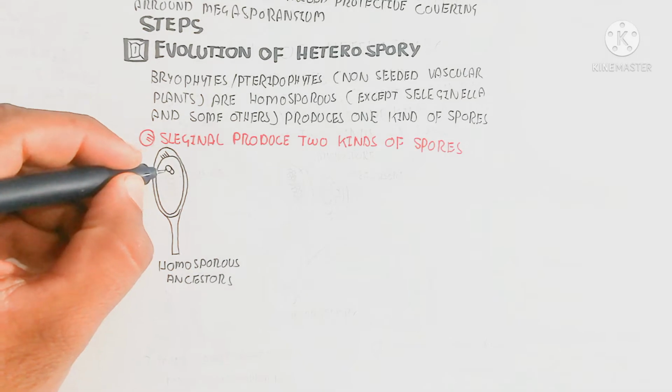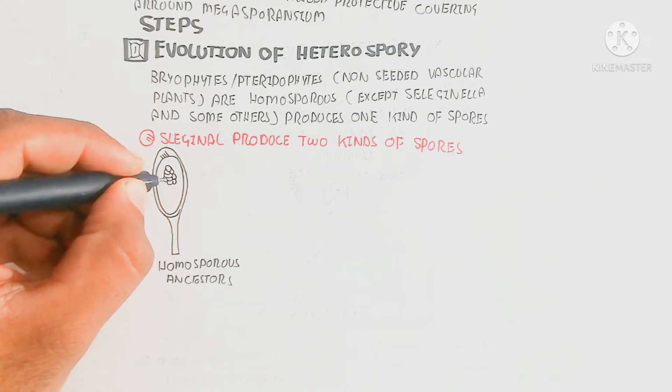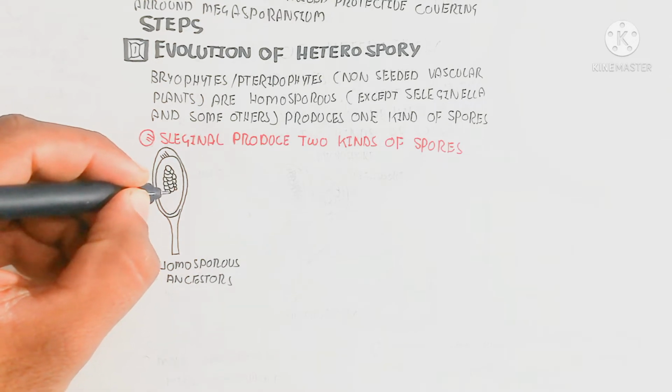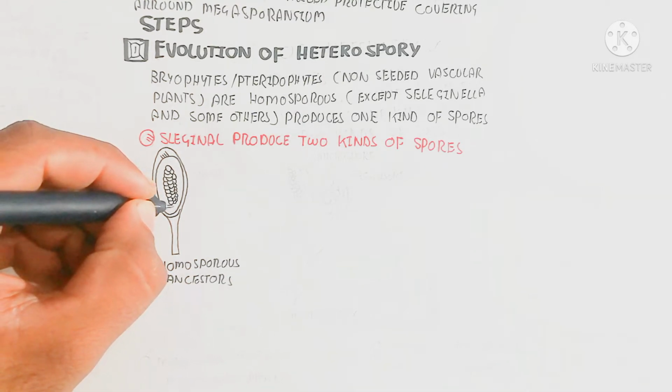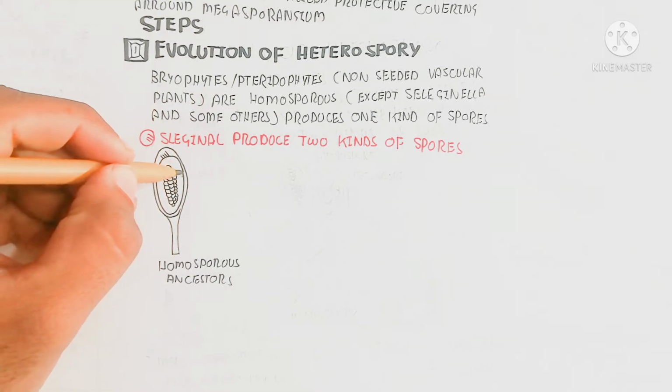Here is the sporangium, and this is the homosporous ancestor, in which the same spores are present in the plant, while heterospory contains microspore and megaspore. Microspore means the male spore and megaspore means the female spore.